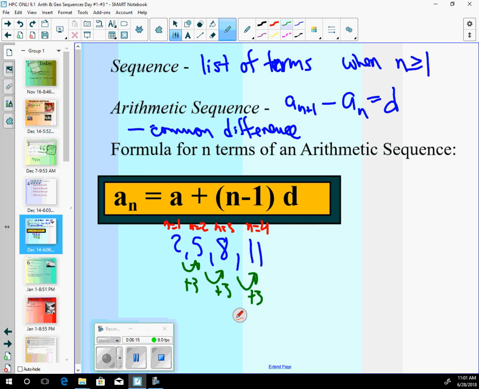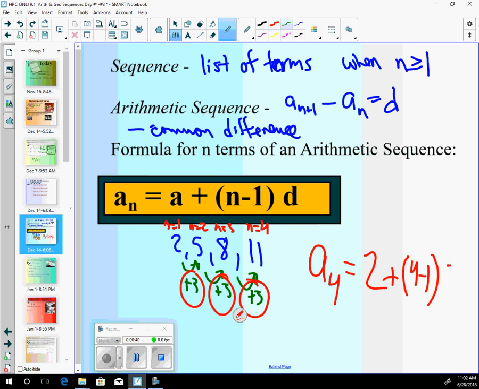Now what's cool is that if we wanted the fourth term, a of 4, what you're going to do is start with the first one, 2, and then to get to the fourth one, you're going to add how many 3s? Well, you're going to add 4 minus 1 of those 3s. Now, it's unfortunate 3 and 3 is the same, but you get my idea.